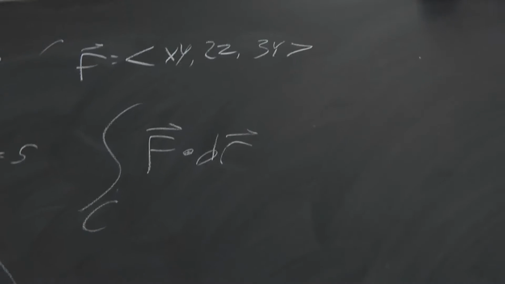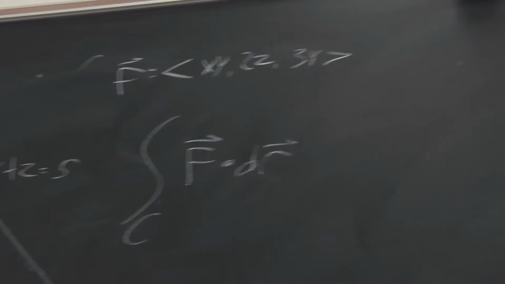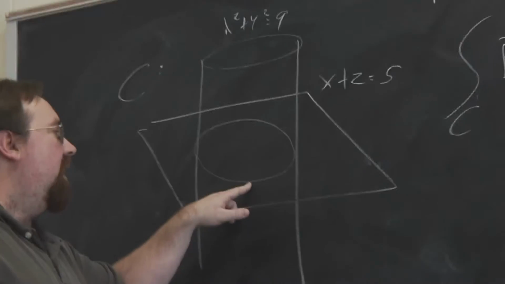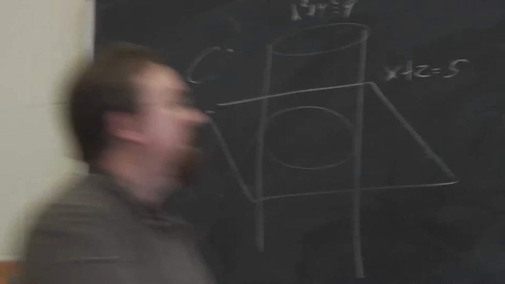All right. Now, we could try to come up with a parameterization of this curve and compute the line integral over it. But what we could do instead is apply Stokes' theorem.